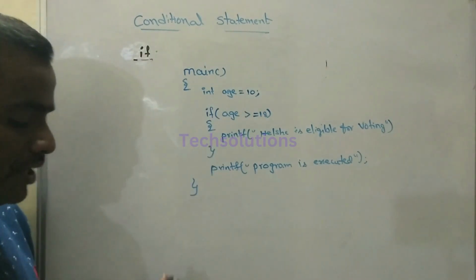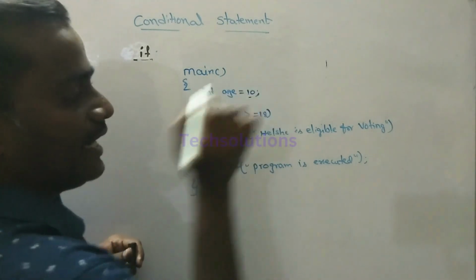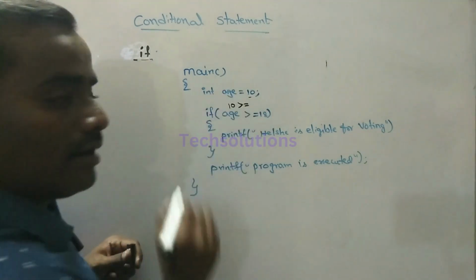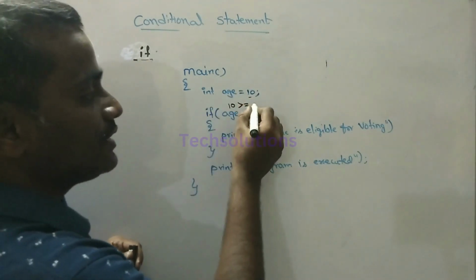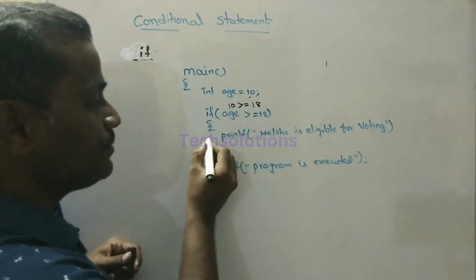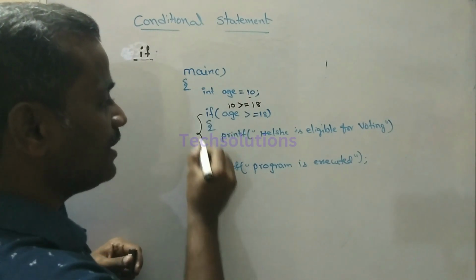Now when I execute this program, my age value is 10. This 10 is compared in the relation: is 10 greater than or equal to 18? Is it true or false? It is false. False means this statement cannot be executed, so I skip the entire if statement.